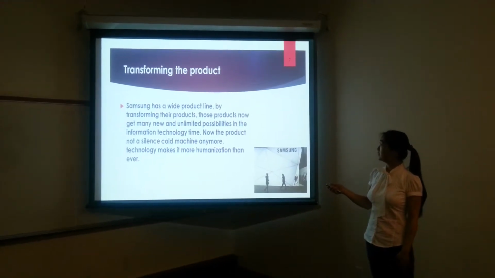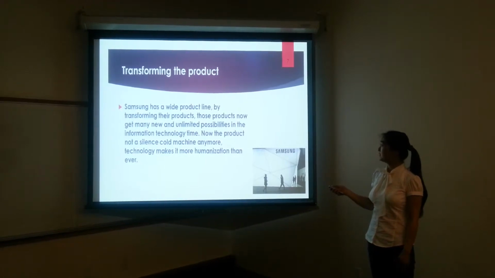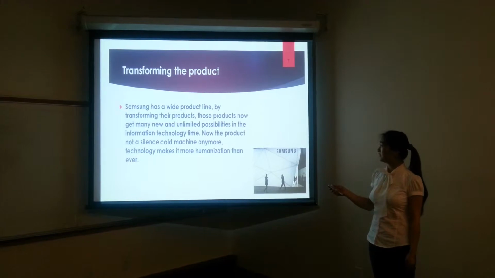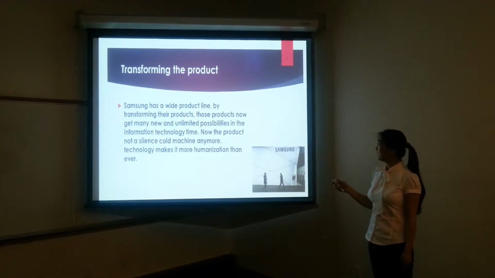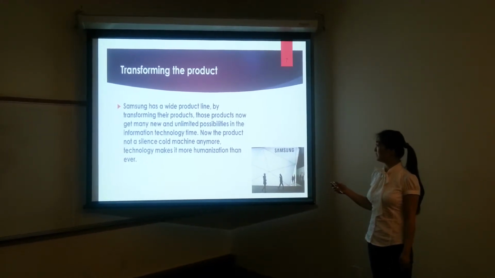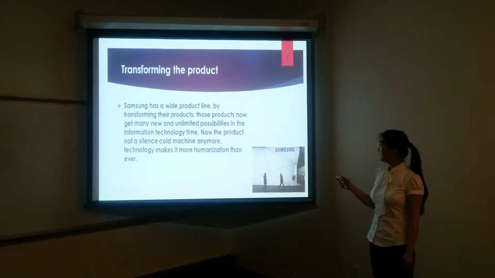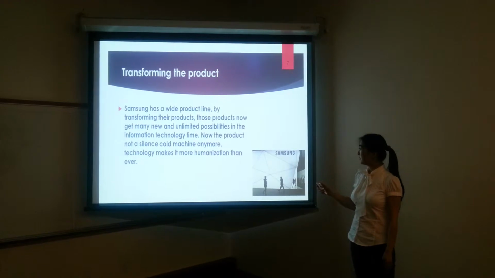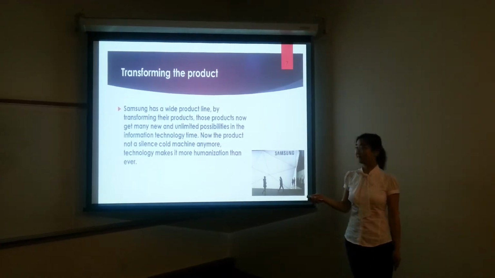Second, I'm going to talk about transforming the product. Samsung has a wide product line. By transforming their products, those products now get many new and unlimited possibilities in the information technology time. Now the product is not a science code machine anymore. Technology makes more humanization than ever.